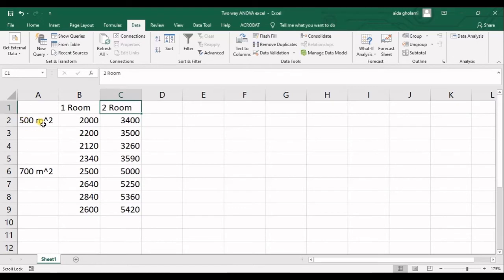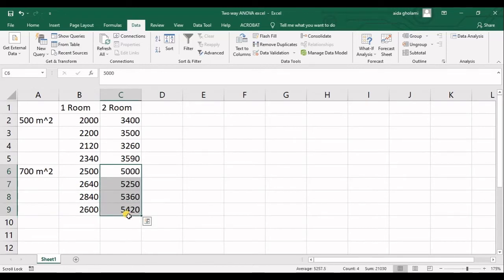And here I have another table for that. So I have 500 square meters and 700 square meters, and this data is for 1 room and 500, and this data is for 2 rooms and 500. This is for 1 room and 700, and 2 rooms and 700.